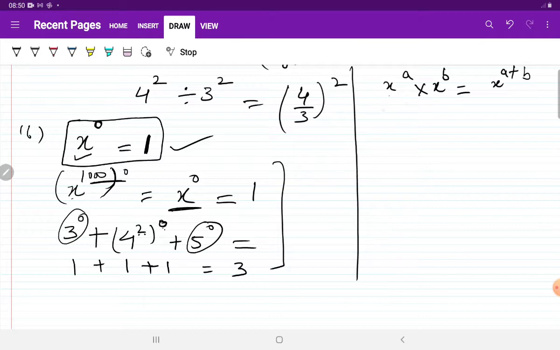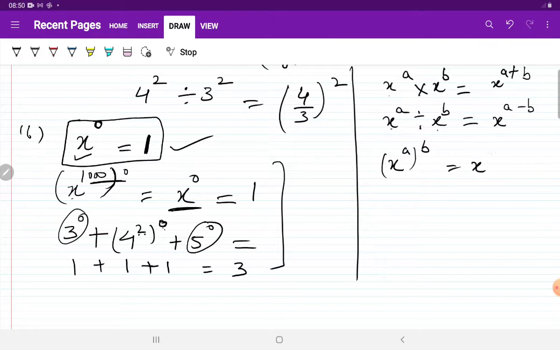Got it? Number 2. X raised to power a divided by x raised to power b. What is my result? Here again base are same, only the sign here divisible. So my powers will subtract a minus b. Now next is exponent of exponent. So here I got x raised to power a into b is what?